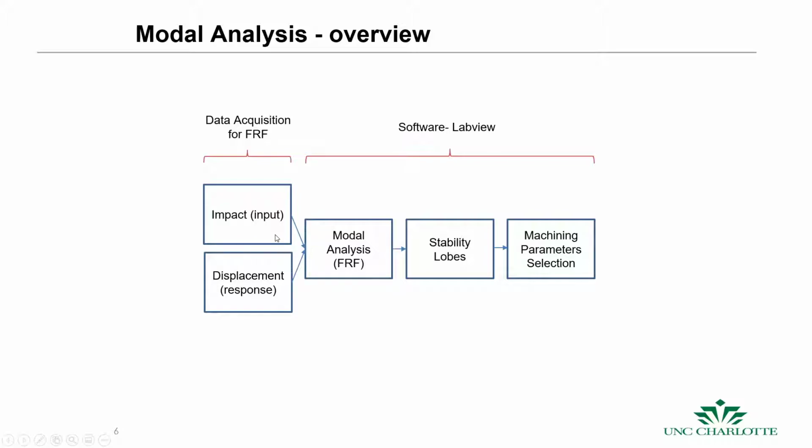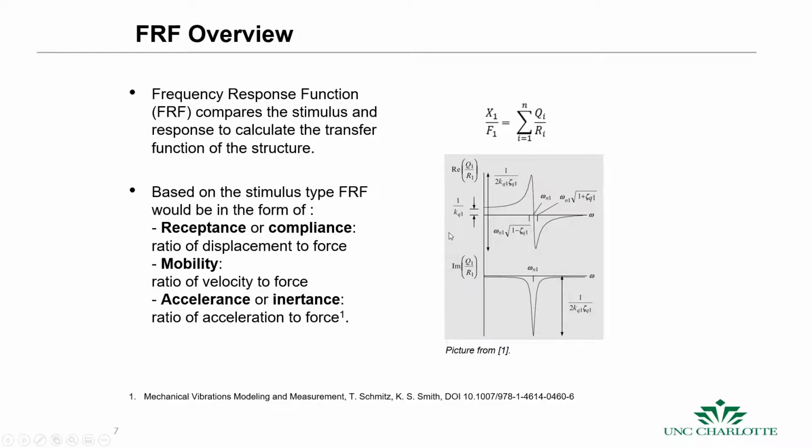And then we can get the modal analysis, or the frequency response function, between the input and the output to look at the frequency response of the system. Now, for this case, we're interested in getting stability lobes. This is particularly of use for machining dynamics to predict chatter, and that's what this project was about.